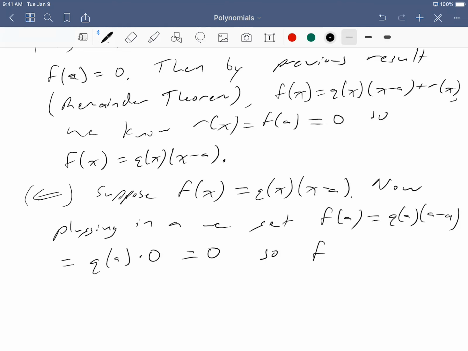So since f of a is 0, a is a root of f of x.